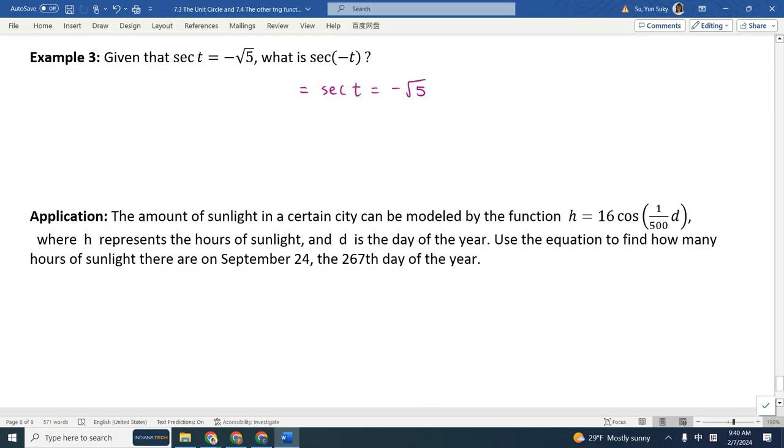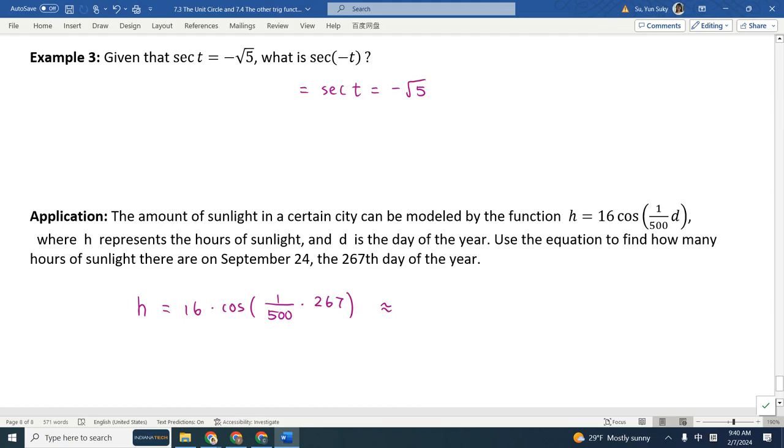Use the equation to find how many hours of sunlight there are on September 24th, the 267th day of the year. So for this problem we just plug in, right? So 16 cosine 1 over 500. Now we plug in d is 267.